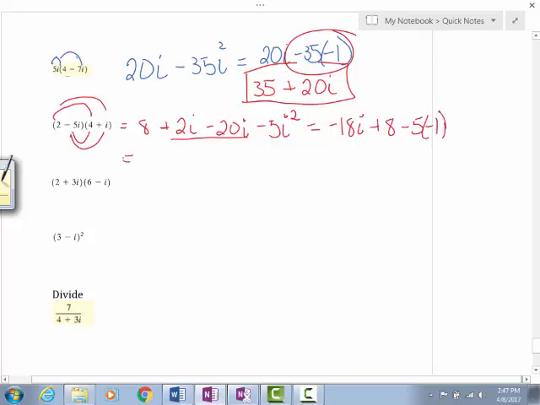Okay, so I'll continue to write negative 18i plus 8. Now again, right here, negative 5 times negative 1 is a positive 5. So 8 plus 5 will actually give me a 13, and then a minus 18i.